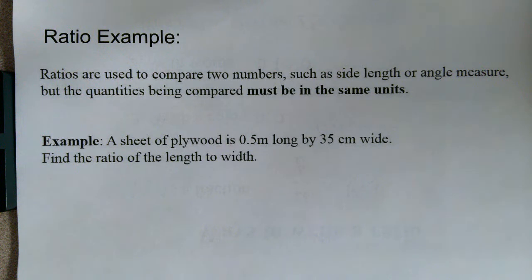So again, as we said, a ratio is used to compare two numbers. In this case, we're going to compare two side lengths of a sheet of plywood. It says a sheet of plywood is 0.5 meters long by 35 centimeters wide. Find the ratio of the length to width.